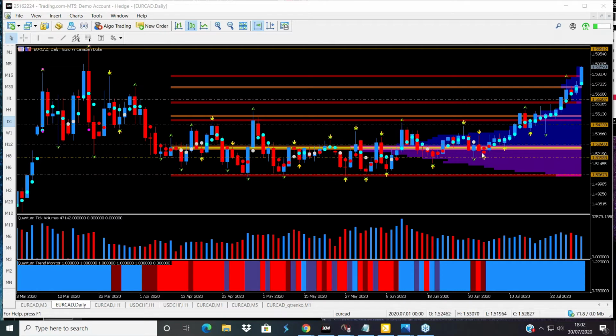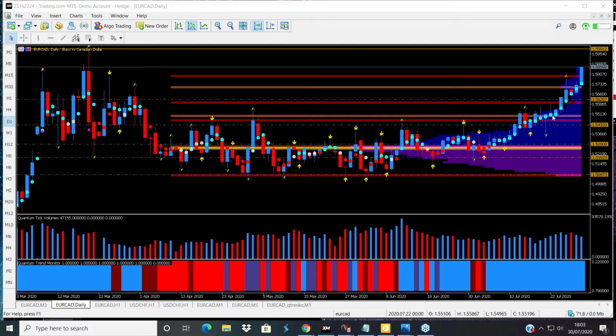Yes, it has been in a big congestion around the volume point of control, but this is a great example of Wyckoff's second law: the longer a market stays in a congestion phase, when it finally breaks away, that move and that trend is likely to be very, very strong.